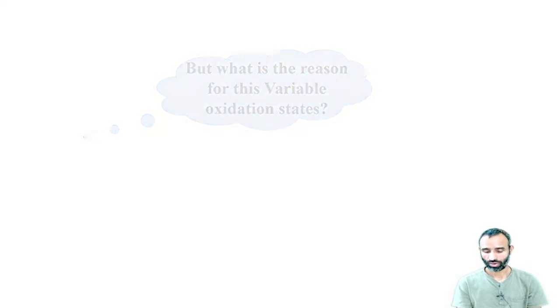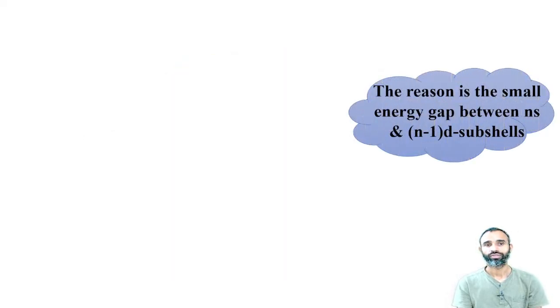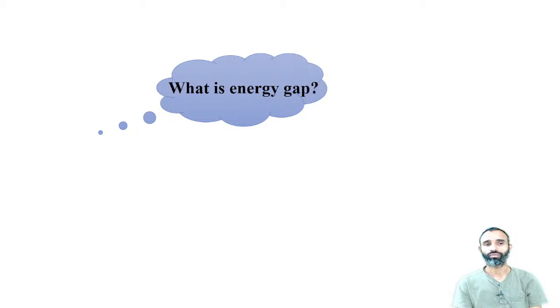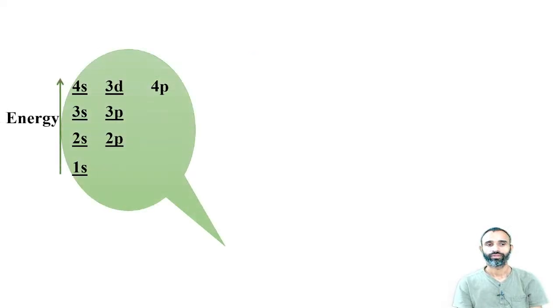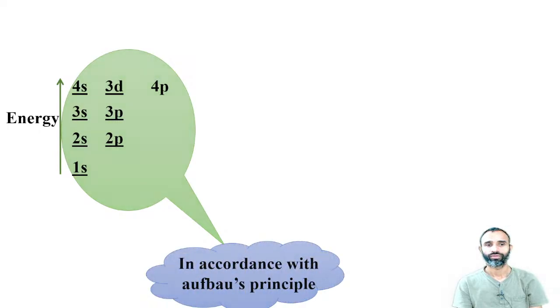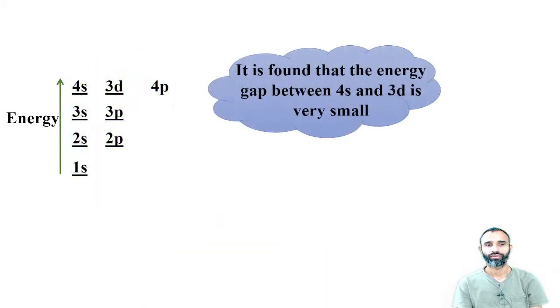So oxidation states are variable. The reason is there is a small energy gap between ns and (n-1)d subshells, and therefore both can participate in bond formation. So the energy gap between 4s and 3d is very small.